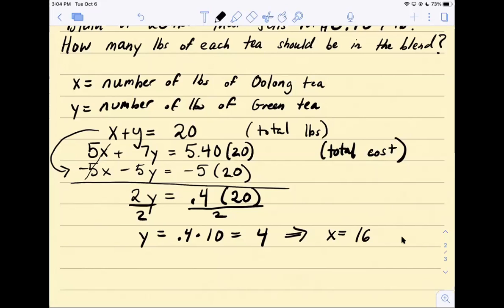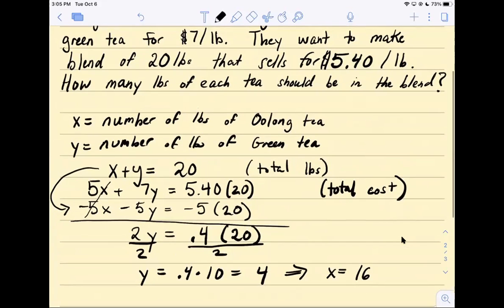Let's just think about this for a second. Do you guys think that this makes sense? Why should there be a lot more of the oolong tea than the green tea? Can anyone explain why that seems reasonable? Nice. Yeah, Archer and Conchita, very good.